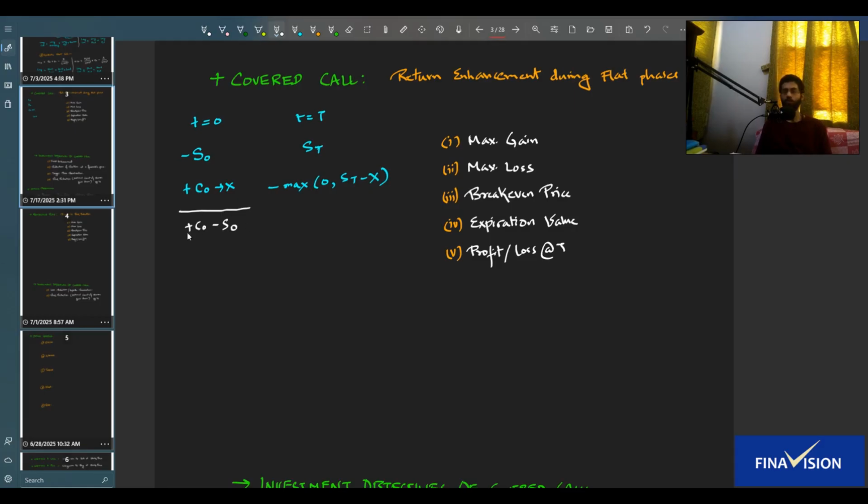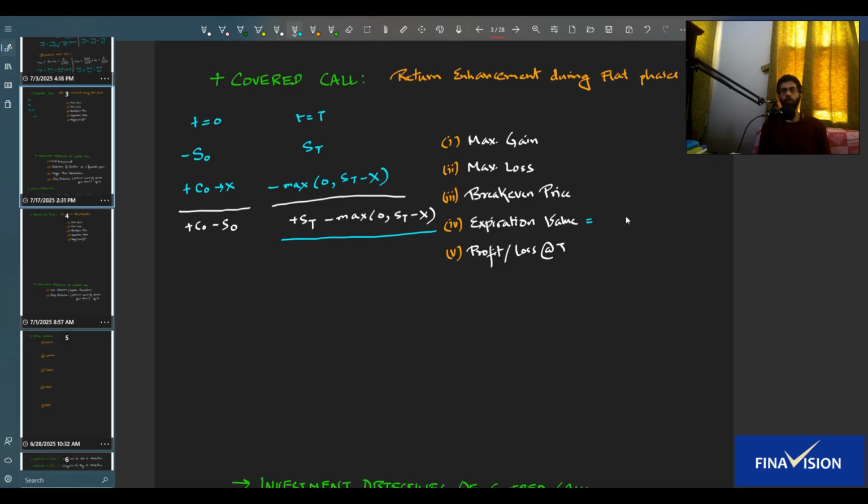At expiry, T = capital T, the net cash flow is +S_T, assuming the stock is sold, minus the max of 0 or S_T minus X, depending on whether the stock price is above the strike price. Therefore, the value at expiry is S_T minus max of 0, S_T minus X. Let me write it down.